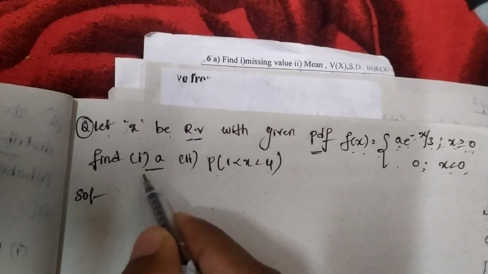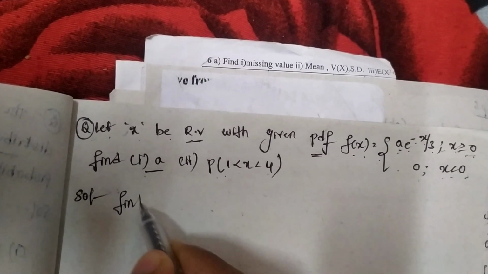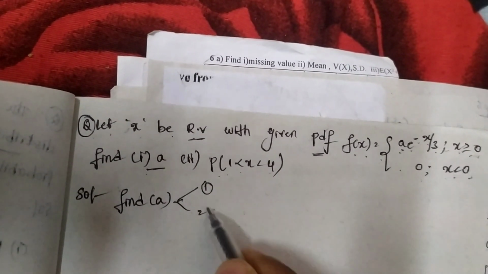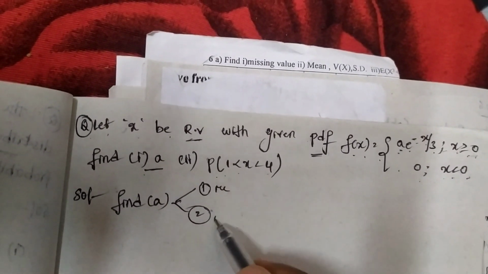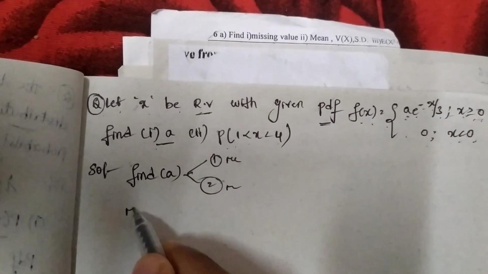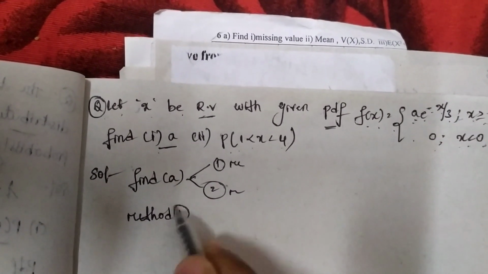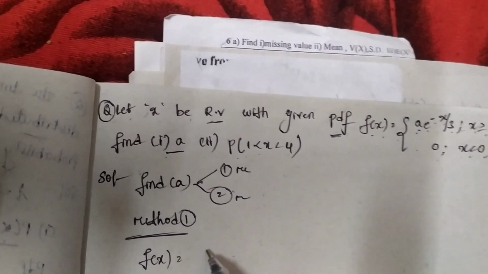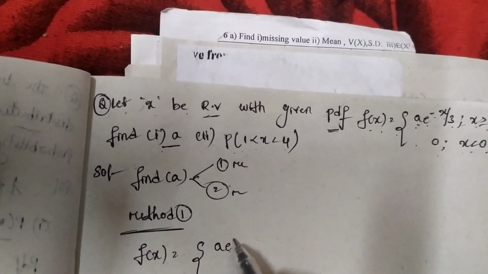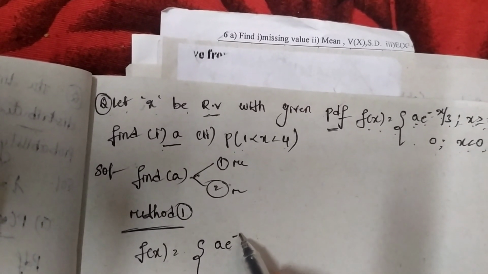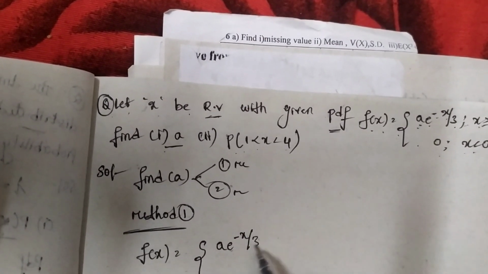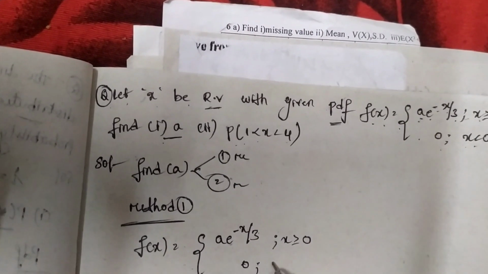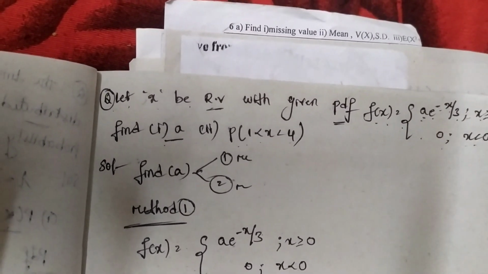For finding the a value, we have two methods: method 1 and method 2. The first method: given the PDF small f of x equals a into e power minus x by 3 for x greater than or equal to 0, and 0 for x less than 0.